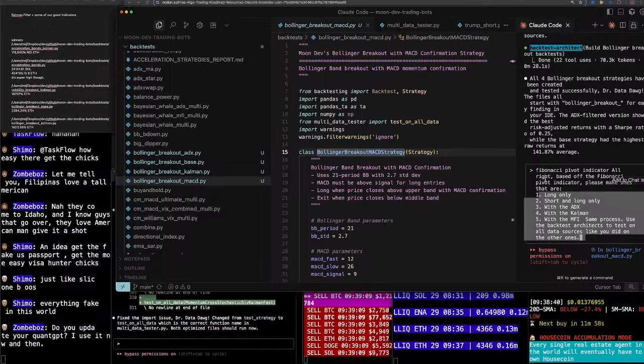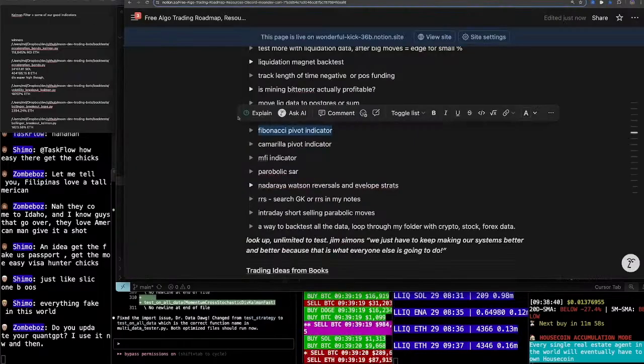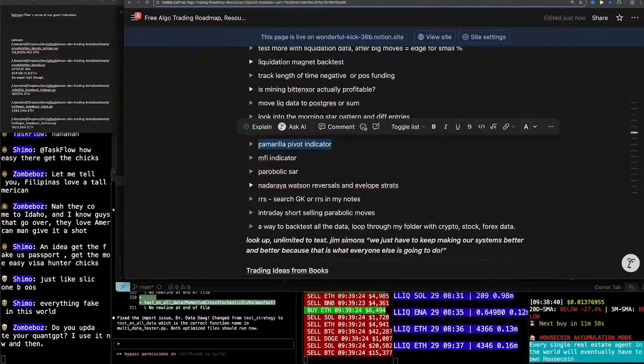Okay, so I'm actually going to take this, and I'm going to put this one in here as well. Camarilla pivot indicator.